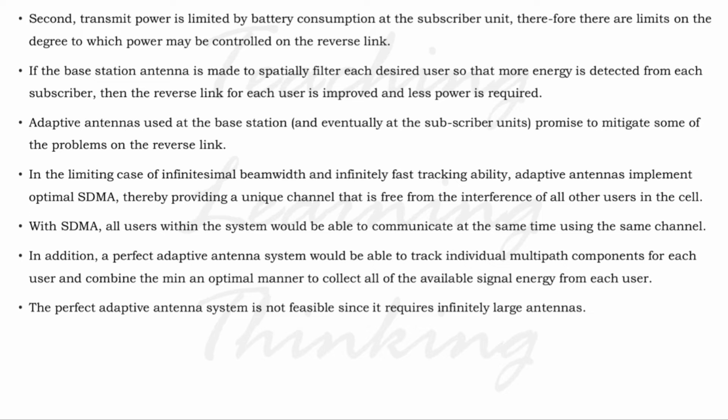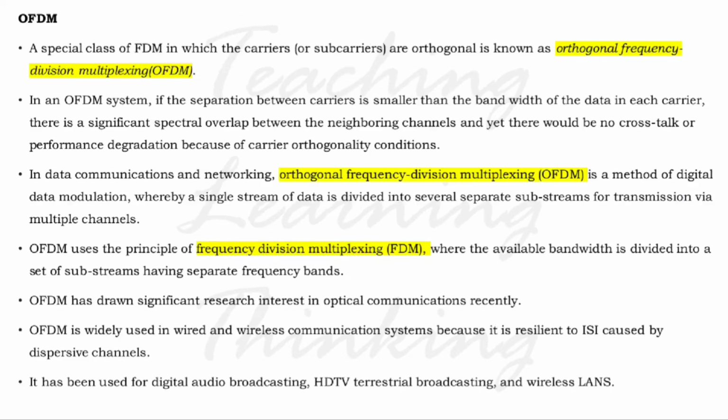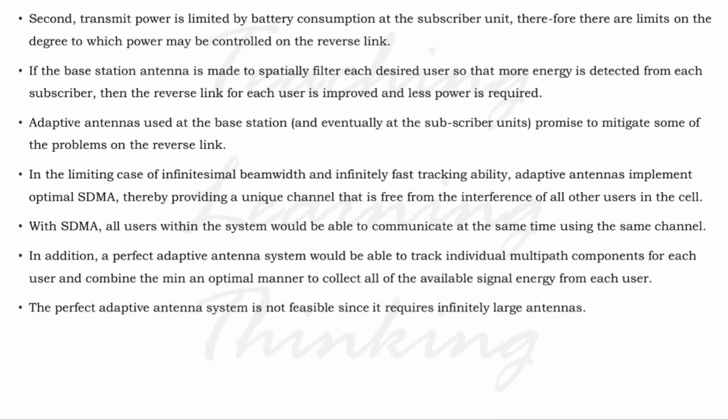In addition, a perfect adaptive antenna system would be able to track individual multipath components for each user and combine them in an optimal manner to collect all the available signal energy from the user. The perfect adaptive antenna system is not feasible since it requires infinitely large antennas. So these are all about SDMA.